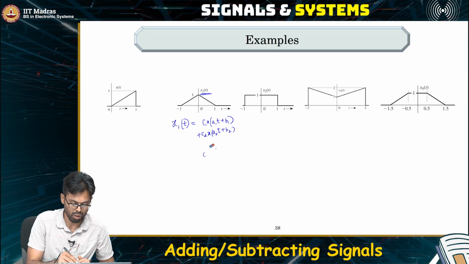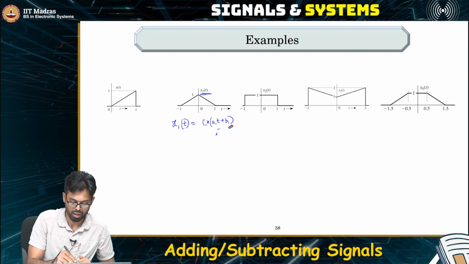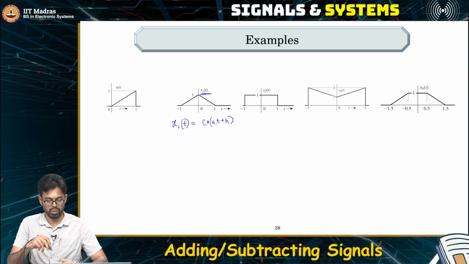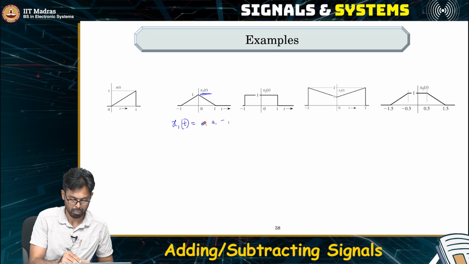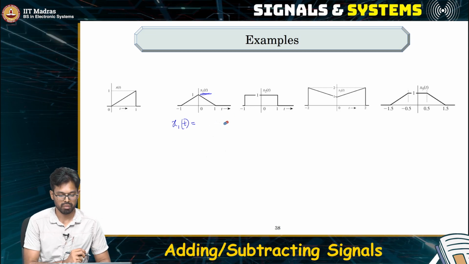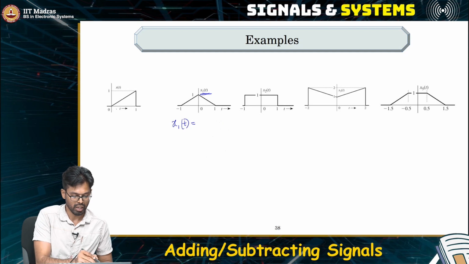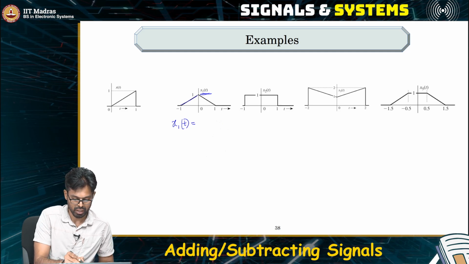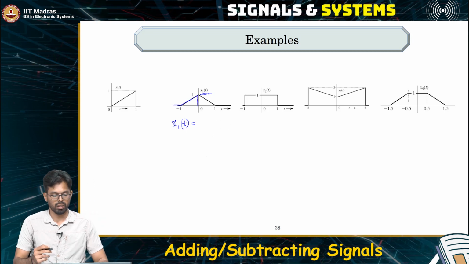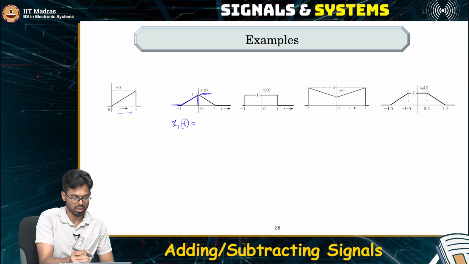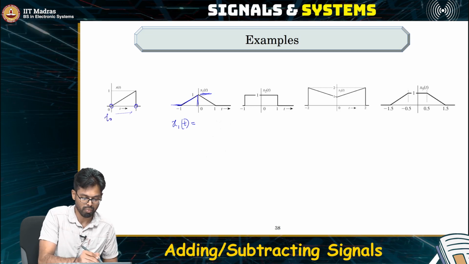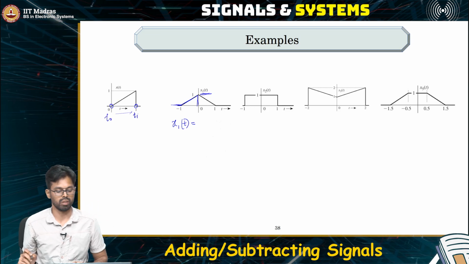So, let's try to see how we can decompose this. The first thing that we can immediately observe is we have this shape here, and that shape directly comes here as such. And this width here, critical time points t0 and t1. Okay.